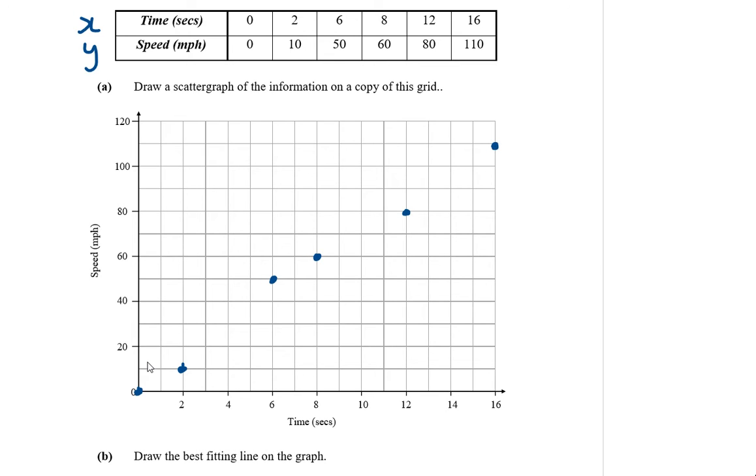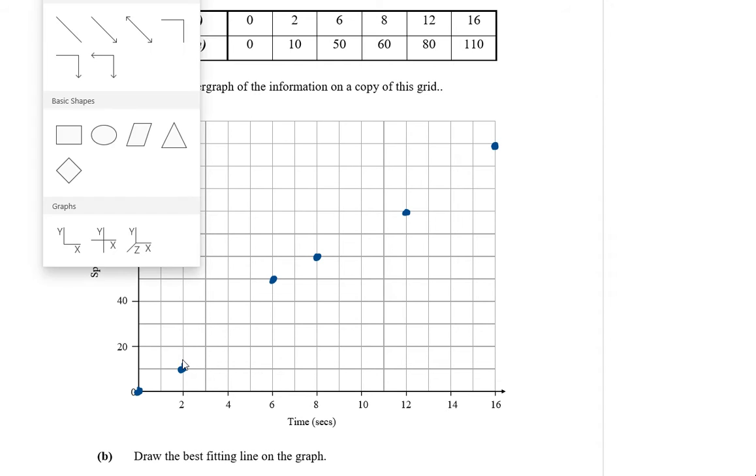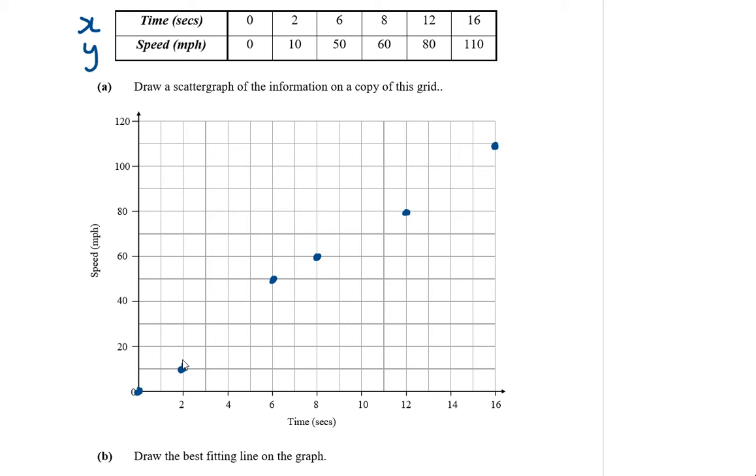Okay, so we've got a series of points we've plotted, and the question was a best fit line. All that means is, obviously we can't quite draw a line between all of these because they're not quite y is equal to x. But we can draw a best fit line. I think that looks half decent.